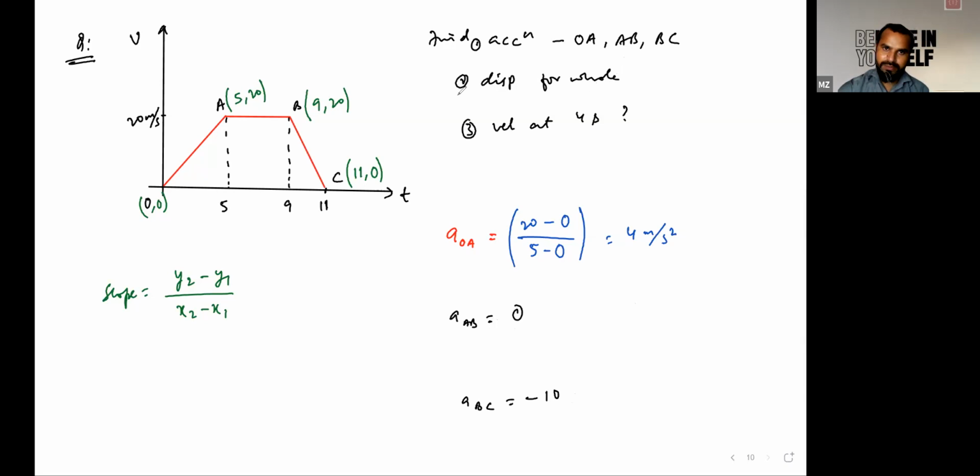Try to solve displacement. Khalid, try to solve this part. Okay, sir. Salman, you got the same answer for acceleration? Good.